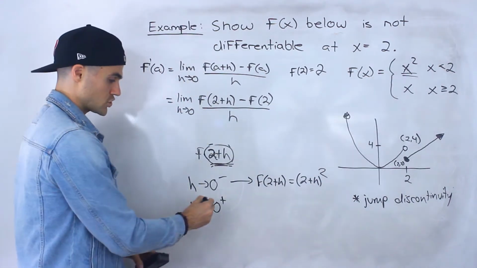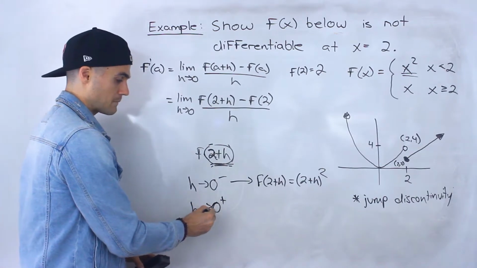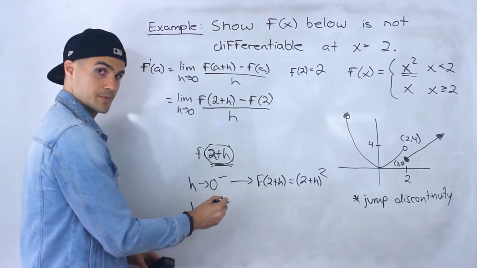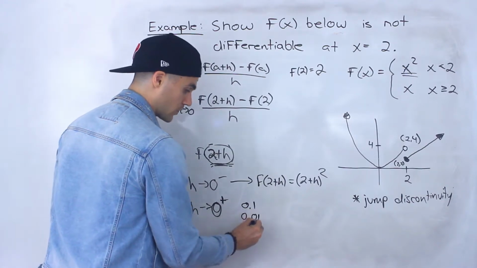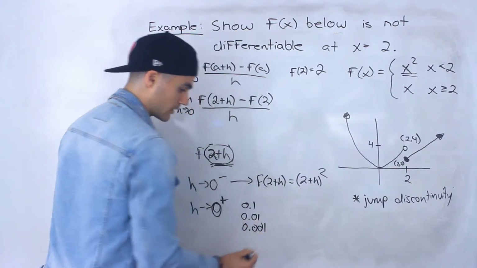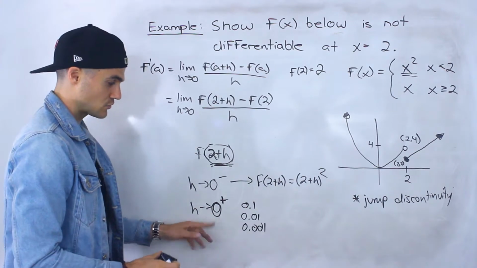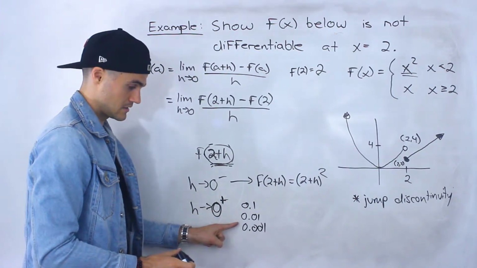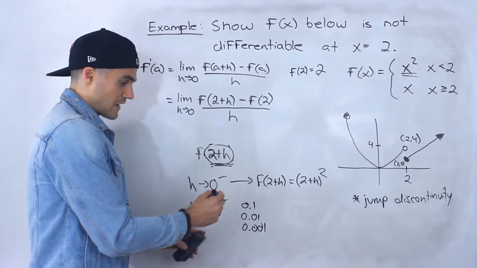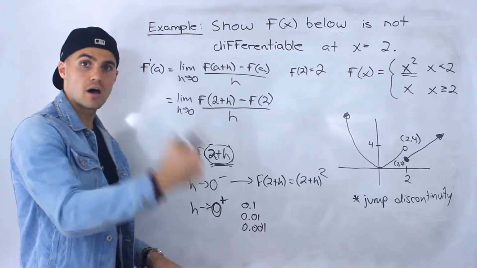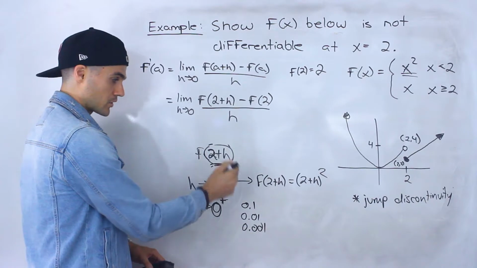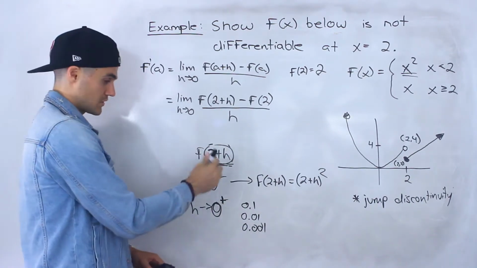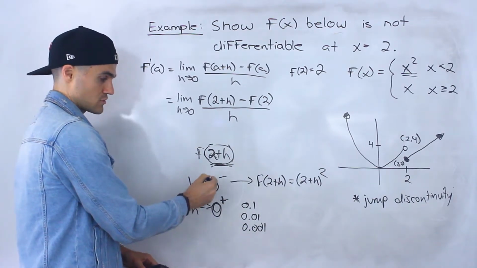Versus if we're approaching this h value as 0 from the positive side, right? So values like 0.1, 0.01, 0.001. So that h value is going to be a very small but positive number. So we're going to end up having 2 plus a very small number. Here we had 2 minus a very small number as h was approaching 0 from the negative side.